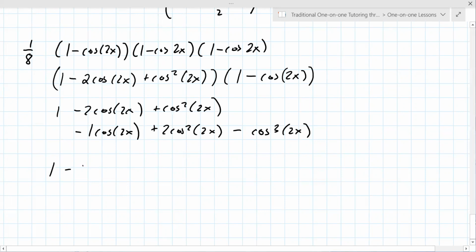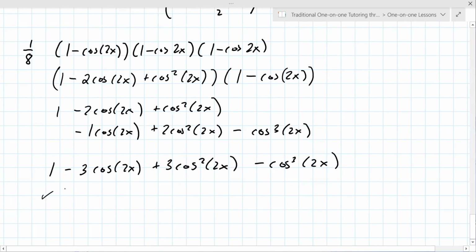There might be another technique that I'm not seeing, because it's a pretty specific trigonometry problem that never gets done after this course. Notice this is fine, but now we need to use that formula again for this one. And for here, we're going to have to break this up into cosine squared 2x times cosine 2x, and do the same thing. We're going to have to break this one up.